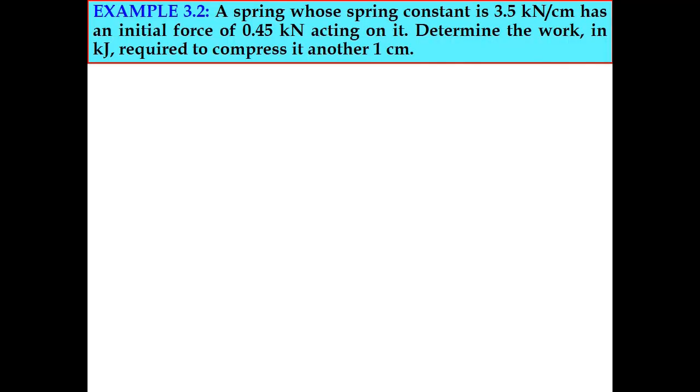Example 3.2. A spring whose spring constant is 3.5 kN per centimeter has an initial force of 0.45 kN acting on it. Determine the work in kilojoules required to compress it another 1 cm. This is just a simple example for spring work, so I will let you answer this question. However, I will describe a little using this schematic diagram to explain the data given in the question.